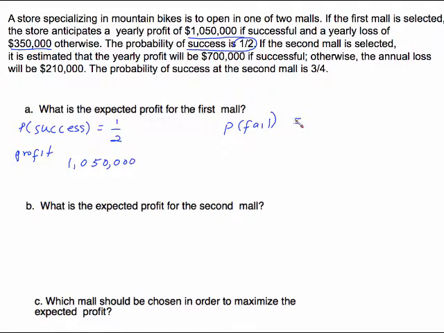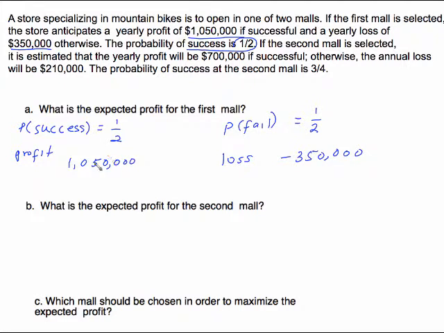Now, we also need to look at the possibility of failing. Well, if the probability of success is a half, the probability of fail is a half. And because we're failing, the loss here is $350,000. I'm putting a negative on that because he is losing this money.